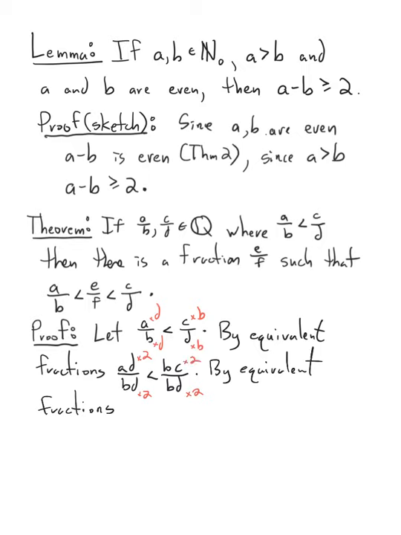So we get that 2AD over 2BD is less than 2BC over 2BD. Remember, a over b is less than c over d. These are equivalent fractions, so this still holds.